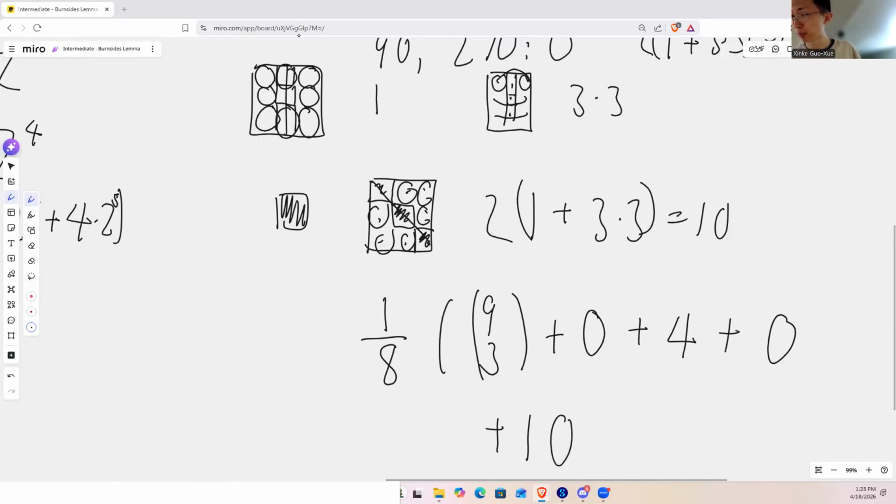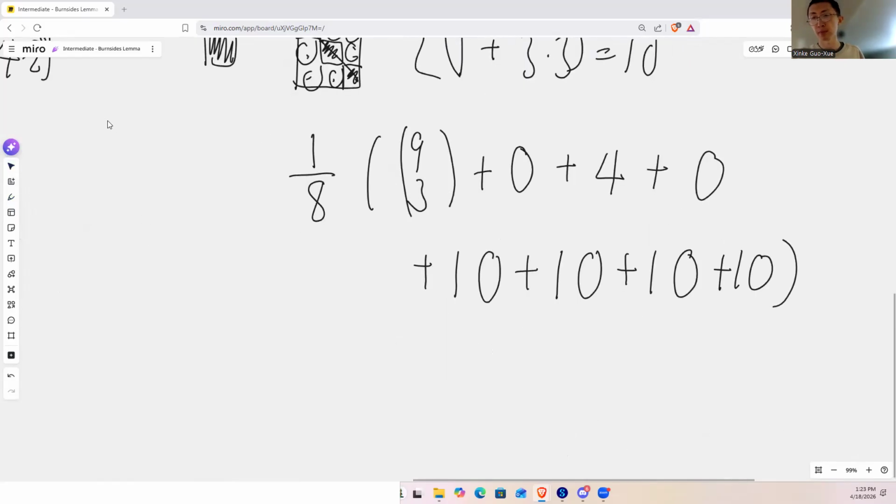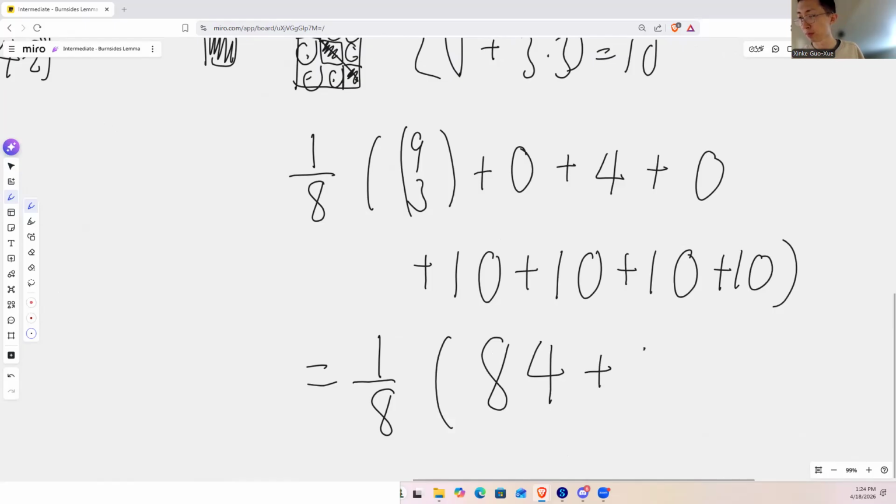So adding them all up, you get this. So this works. Okay, it should be 128 over 8.